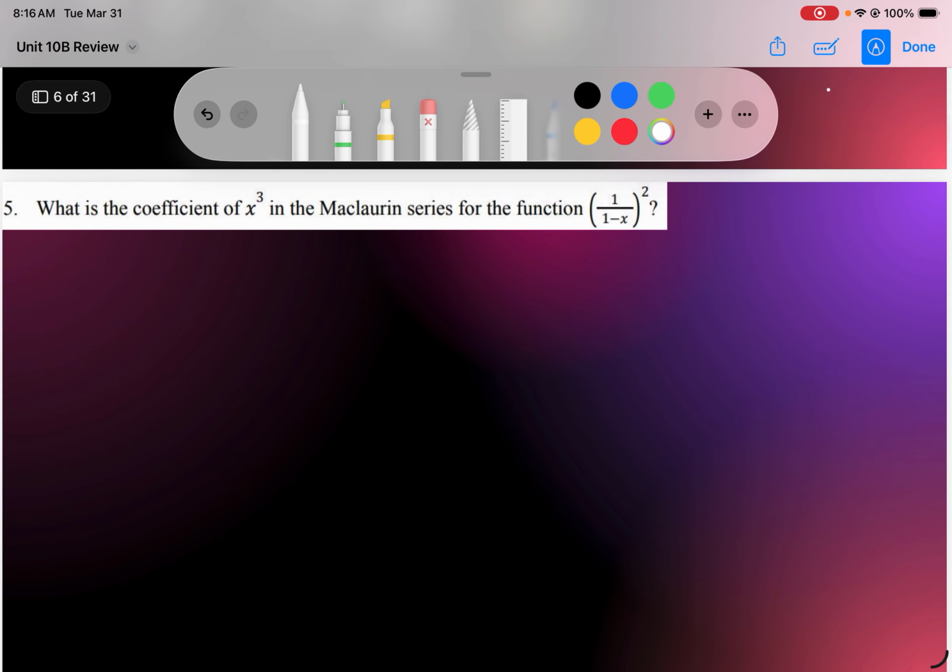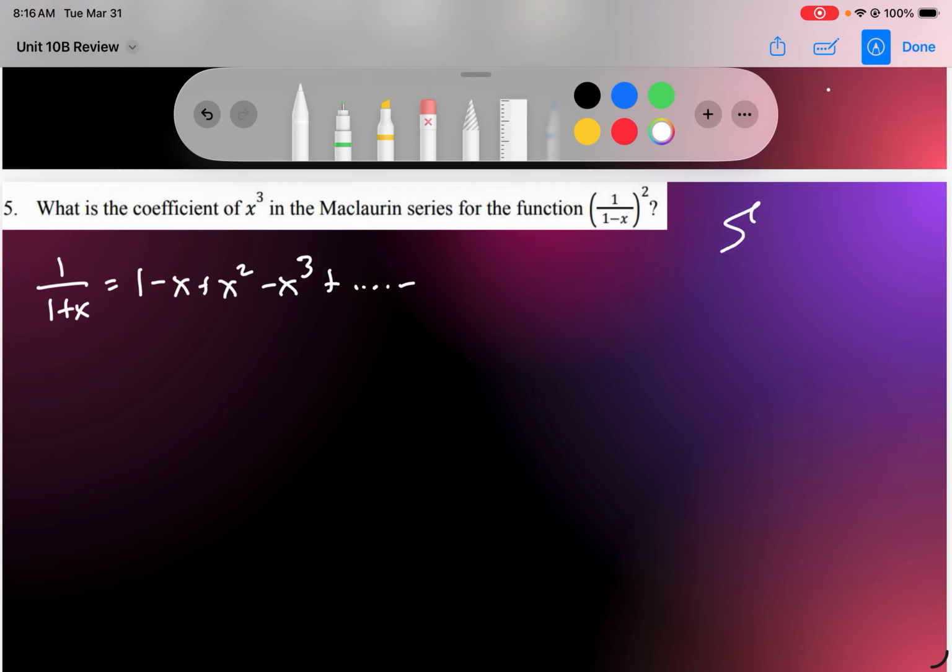All right, what is the coefficient of x cubed in the Maclaurin series for the function 1 over 1 minus x squared? All right, so the Maclaurin series for 1 over 1 plus x is equal to 1 minus x plus x squared minus x cubed plus and so on, right?